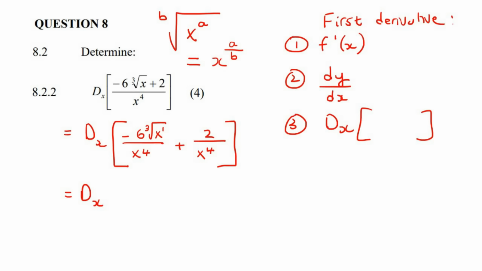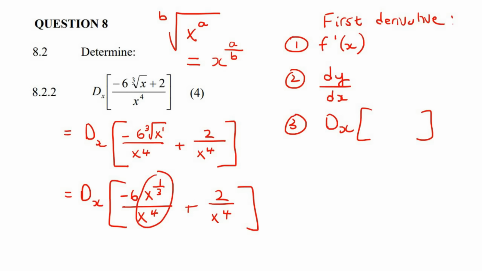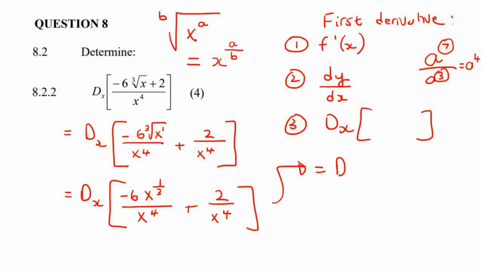I'm just simplifying, making it easier for us to work with. So we're going to end up with minus 6x to the 1 over 3, good job, over x^4 plus 2 over x^4. Now I need to use exponent rules over here. Those exponent rules say that if you have, for example, a^7 over a^3, then what do you do with these numbers? Well done, if you remember that you subtract. And so that's going to become equals to d/dx.